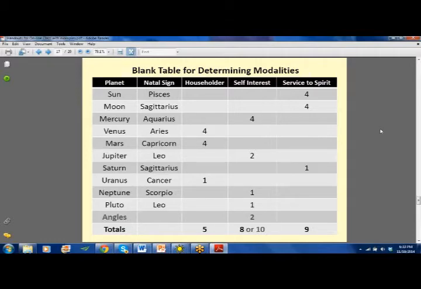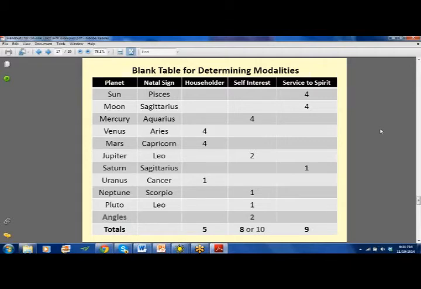And then in service to spirit, those are the people that, Pisces, Sagittarius, particularly Virgo, and even Gemini can be what we call renunciate, or not necessarily focused on having a family, being interested in what it takes to hold the culture together, or being interested in what it takes to keep a relationship together. So that's the difference between those two.